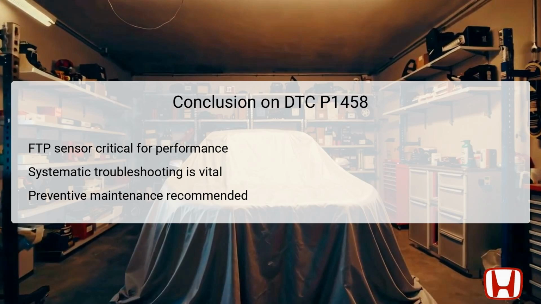Following a systematic troubleshooting approach allows for accurate diagnosis and resolution of the underlying issues contributing to this code. Additionally, engaging in preventive maintenance practices minimizes future occurrences of similar trouble codes and promotes the longevity of vehicular components. Emphasizing the need for regular checks ensures both driver safety and adherence to emission standards moving forward.